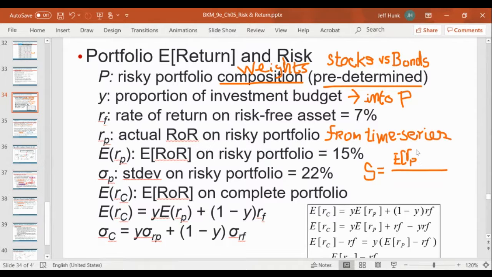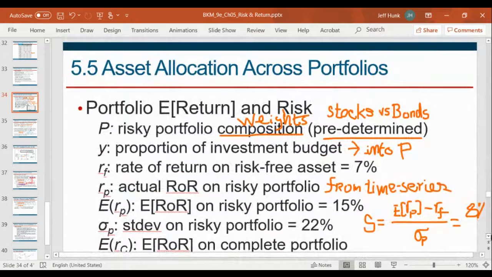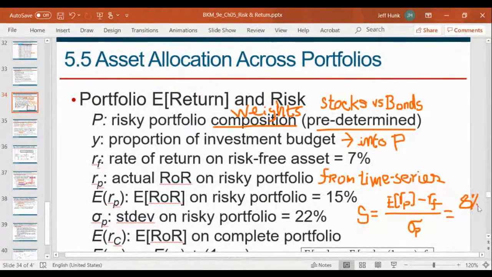expected return on the portfolio minus RF over sigma P, sigma sub P, which will be 8% over 22%.